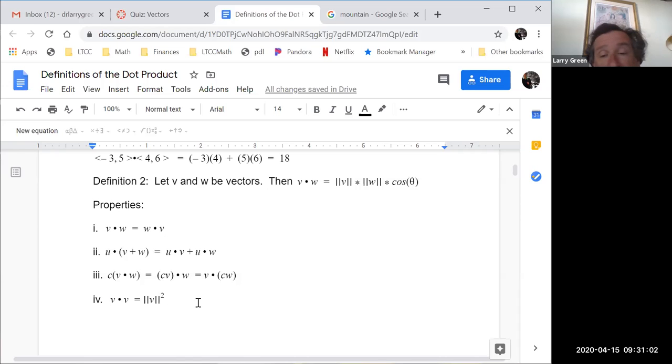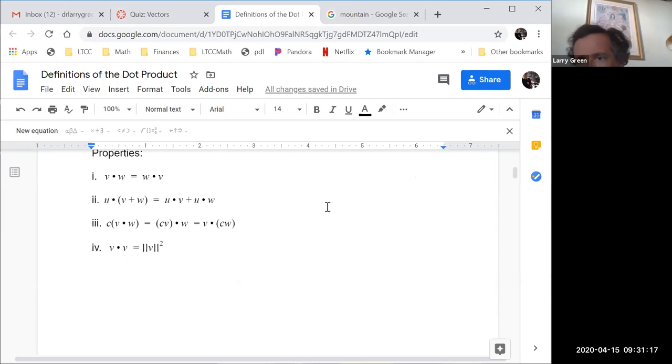Okay, so you could use these anytime you want because they're properties, they're true. What am I using for magnitude symbol? Kind of a double absolute value, and that's standard. Does that make sense? Okay, so that's just what most people use. Okay, any questions about these properties?